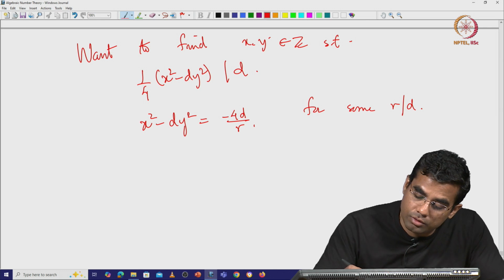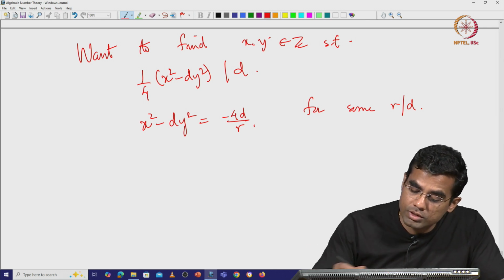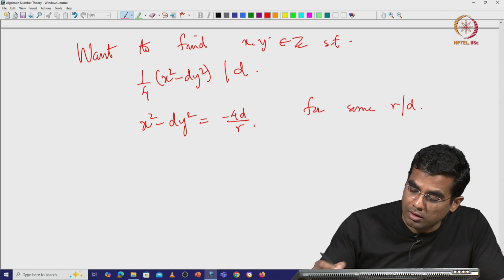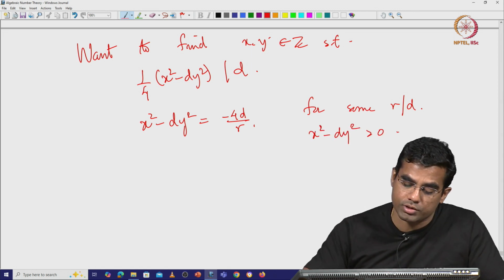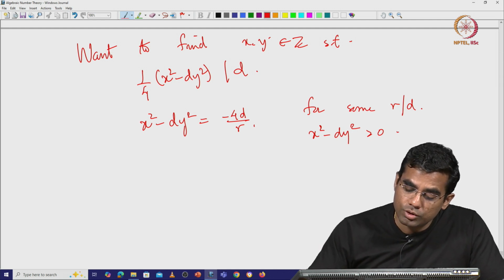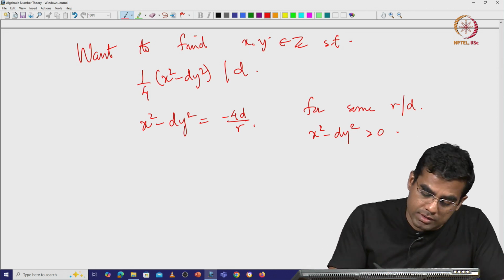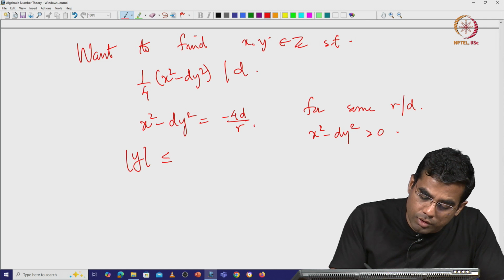Yes, so now we need to find solutions of these things, but you see that x square minus dy square is also positive, because d is negative, and so this gives a very tight bound on what y is. So, mod y has to be less than or equal to 2.